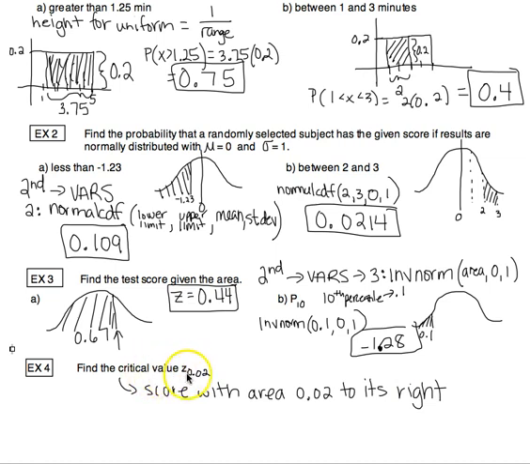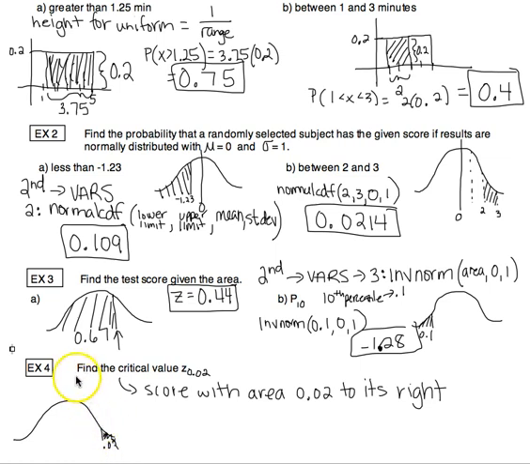So anytime you have critical value and this, some subscore here, it wants to know the place where it has that area on the right side. So what we need to do then is we need to also use inverse norm. And if we draw a picture, so here's our standard normal distribution. 0.02 is obviously a very small probability. It's a very small area. So what we're trying to do here is find this 0.02.